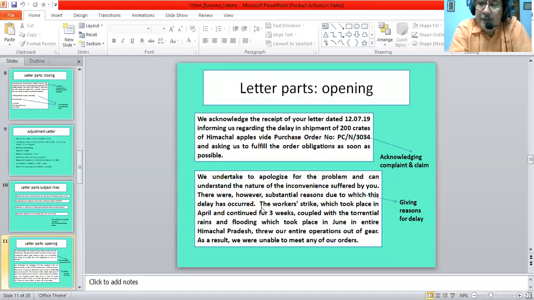So the letter opens with a reference to the other letter, the complaint letter, which has spoken about the delay in the shipment of the 200 crates of Himachal apples. And the order number of the transaction, PCN 3034, is specifically given. So the company's acknowledgement of the complaint which has been received is given first and foremost in the opening part of this letter.